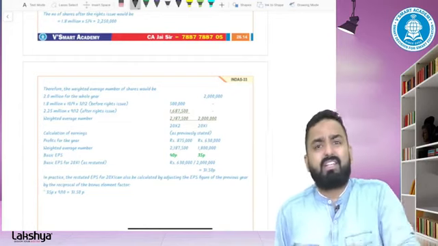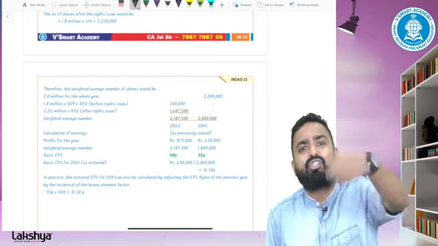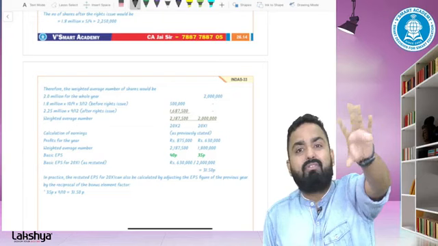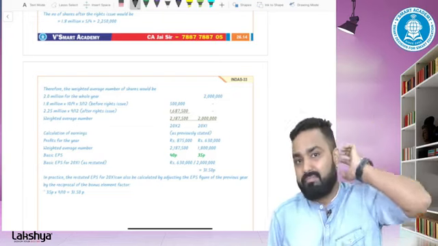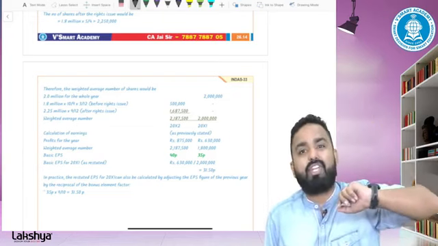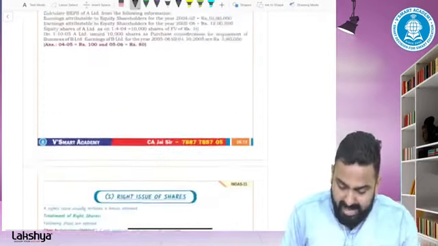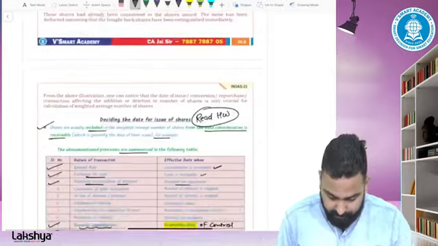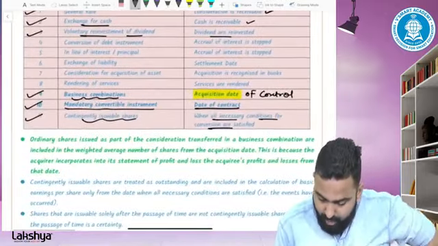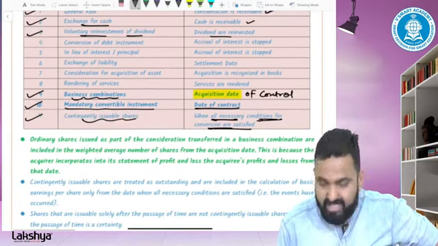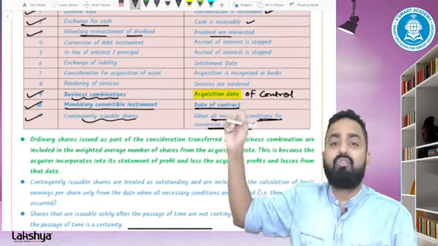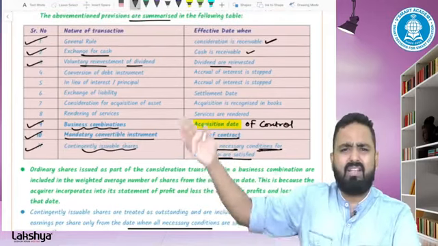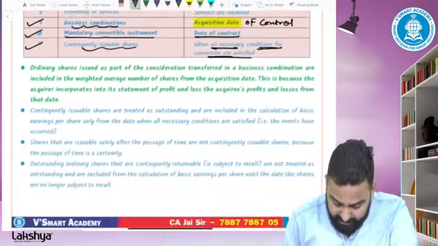The condition may be uncertain, like I will give you shares only when the performance is more than 50%. So they are based on uncertain conditions. When all necessary conditions for conversion are satisfied, this will be the date when you take the weighted average. And there are so many cases, you can read them all.